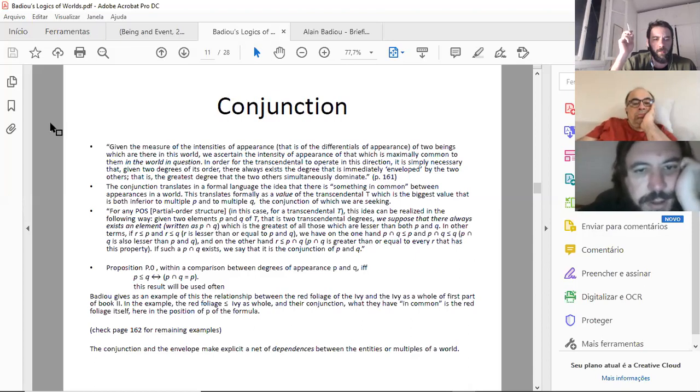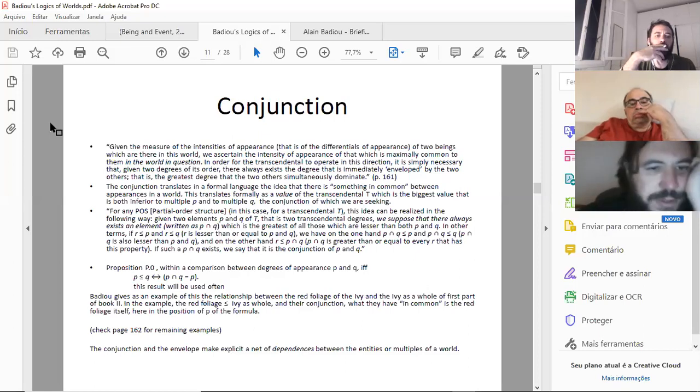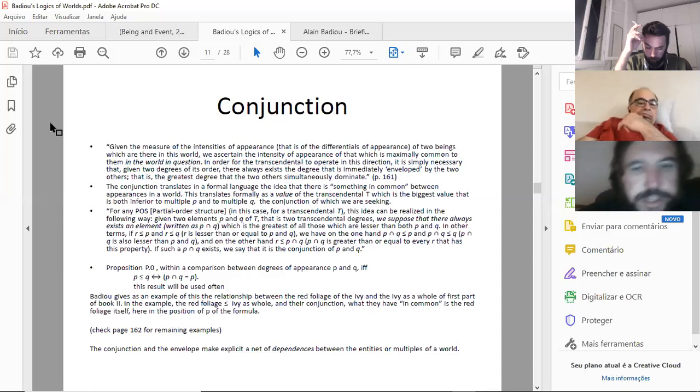Which is the greatest of all those which are lesser than both P and Q. In other terms, if R is lesser than or equal to P and R is lesser than or equal to Q, we have on the one hand, P conjunction Q is lesser than or equal to P, and P conjunction Q is lesser than or equal to Q. This is the natural language version. And on the other hand, R is lesser than or equal to P conjunction Q. P conjunction Q is greater than or equal to every R that has this property. If such a P conjunction Q exists, we say that it is the conjunction of P and Q.